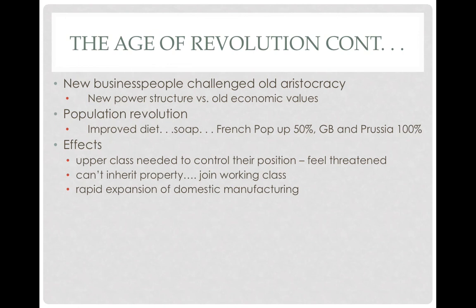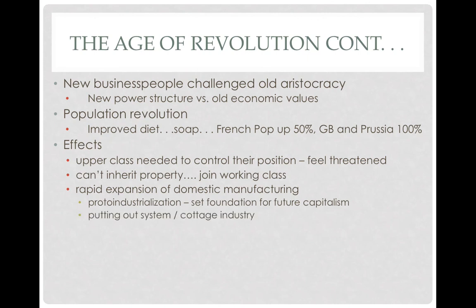And what we're going to see is a rapid expansion of domestic manufacturing from the proto-industrialization, where people would go into their own homes and in an organized fashion put out shoes, a plethora of shoes to be sold not just by themselves, but by a larger entity. These cottage industries are going to be the backbone of what will eventually be the mass production of the 1900s.